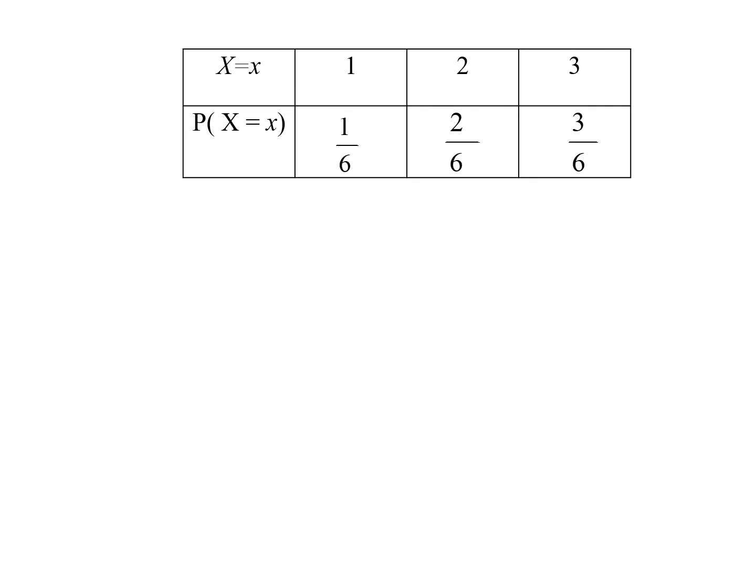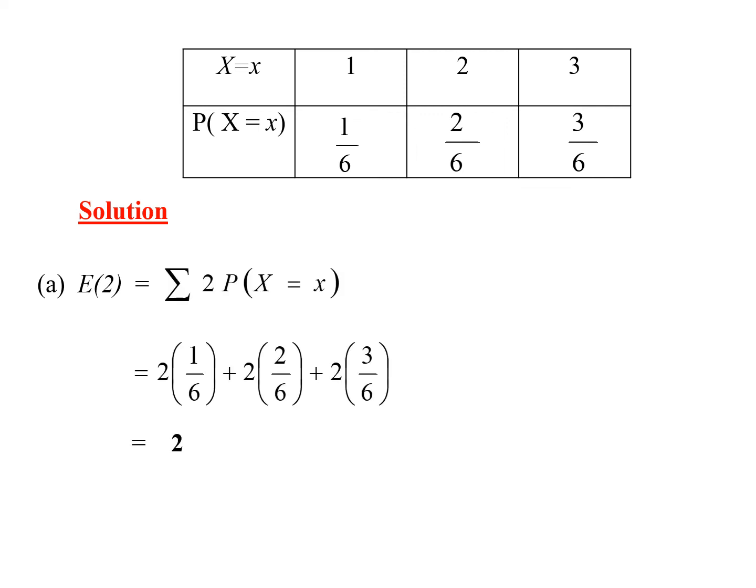That's the solution. For E(2), by referring to the properties that we have learned just now, where 2 is a constant, our answer will become 2. If you want to do the calculation using the formula, also can: the summation of the value 2 times the probability. Finally, you will get the value of 2.